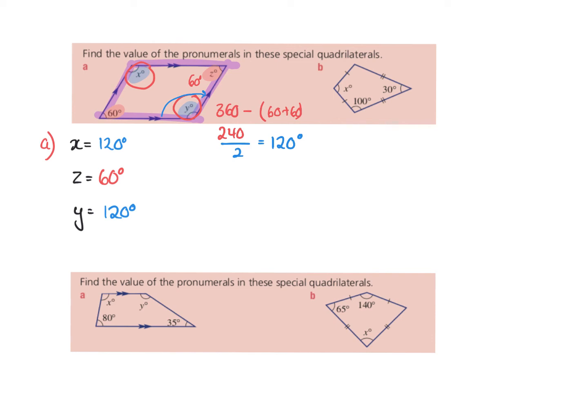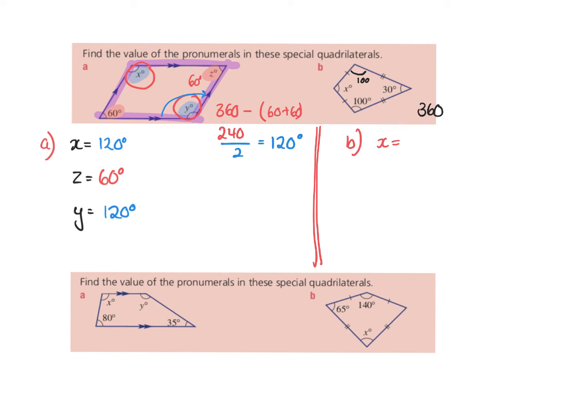Yeah, good. All right, so over here on question B, okay, sorry, just draw a few lines in that. We've only got to find x here. Okay, so that's our question. Now this is the kite. Now remember we said if we had a kite, the ones in the middle of the kite, the top bit there, were equal. So I know that this is 100. So they've all got to add up to 360.